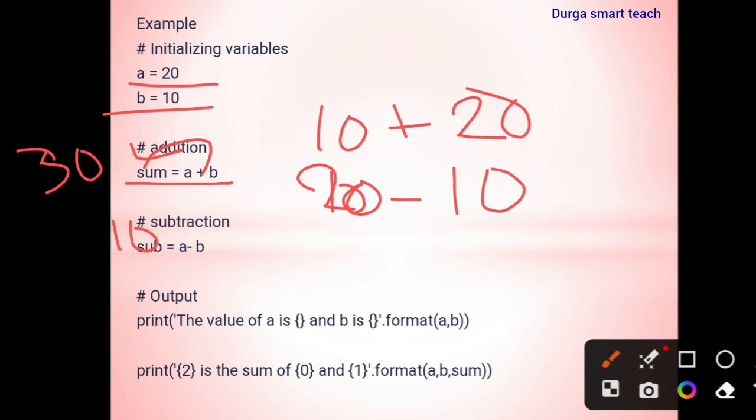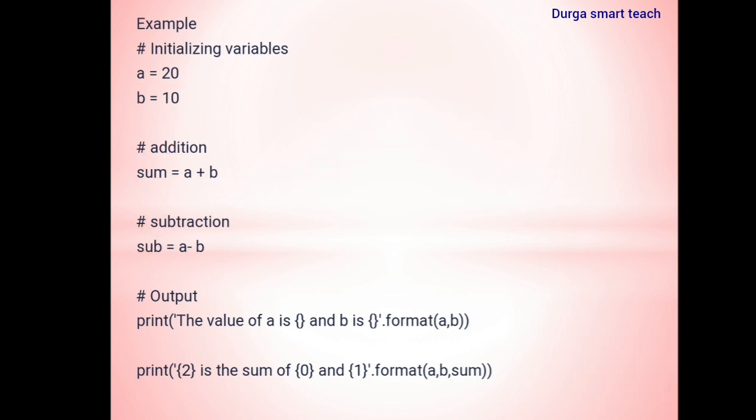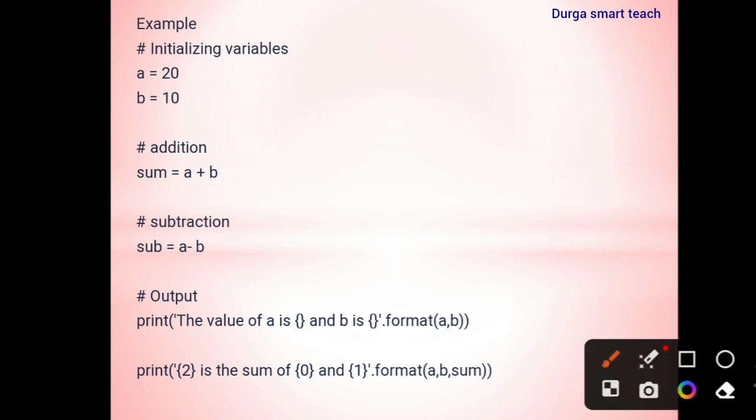Next, I want to display the message. The output will be: the value of a is 20, the value of b is 10. You can use single quotations or double quotations.